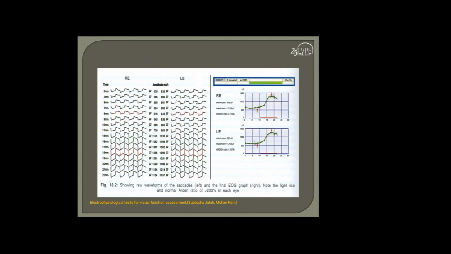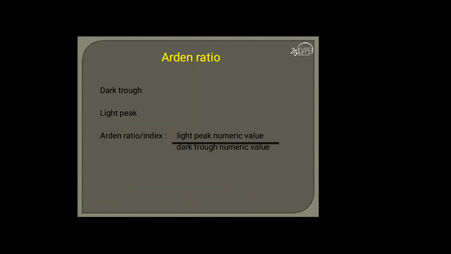This is what a normal EOG looks like. On the left-hand side are the saccadic movements from both the eyes, and on the right-hand side is the graphical representation. The first red arrow comes from the trough, and the next red arrow comes from the peak. So how is it calculated? It is calculated from the dark trough and the light peak.